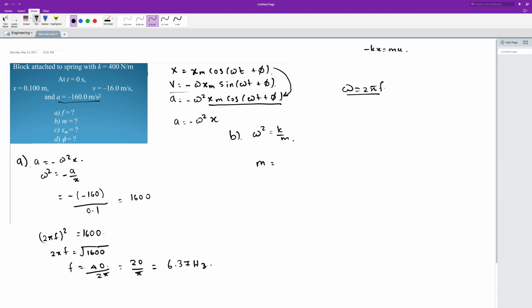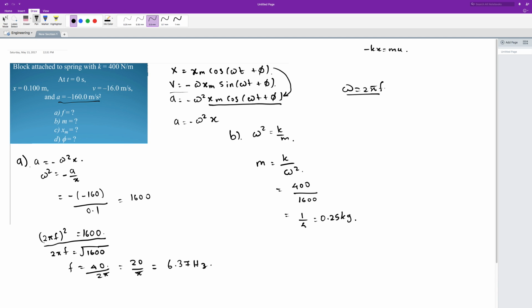So mass is going to be equal to k over omega square. K is provided, 400. Omega square we found right here, that is 1600. If I divide 400 by 1600, that's going to become 1 over 4, and that is equal to 0.25 kilogram. So we have found the B part right here.